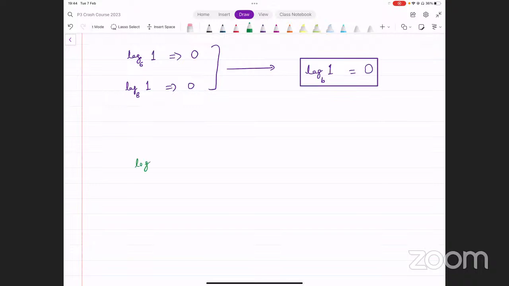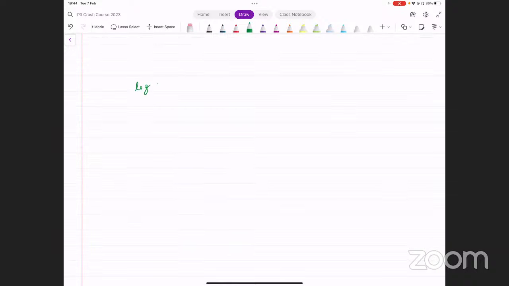If you write something like log of 5 with base 1, let's start with this example first. What would that be equal to? Any guesses? What question are we asking ourselves?